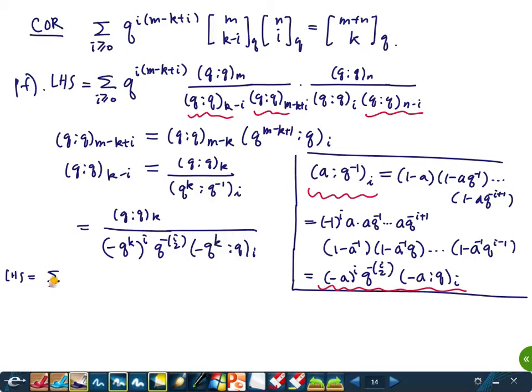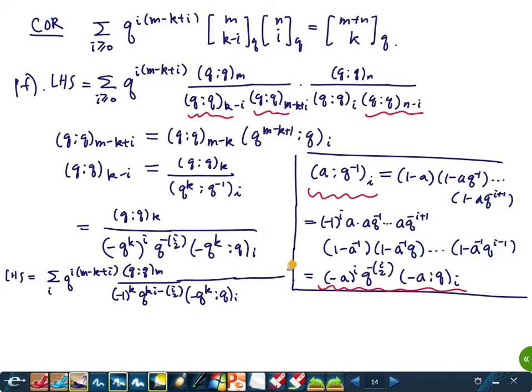Here, I is from 0. This thing, QM. This part is now this. Let's write this as minus 1 to K, Q to the KI, minus I choose 2, minus Q, K, QI. This is done. Now this is this. Q, Q, M minus K times in the denominator. Okay.